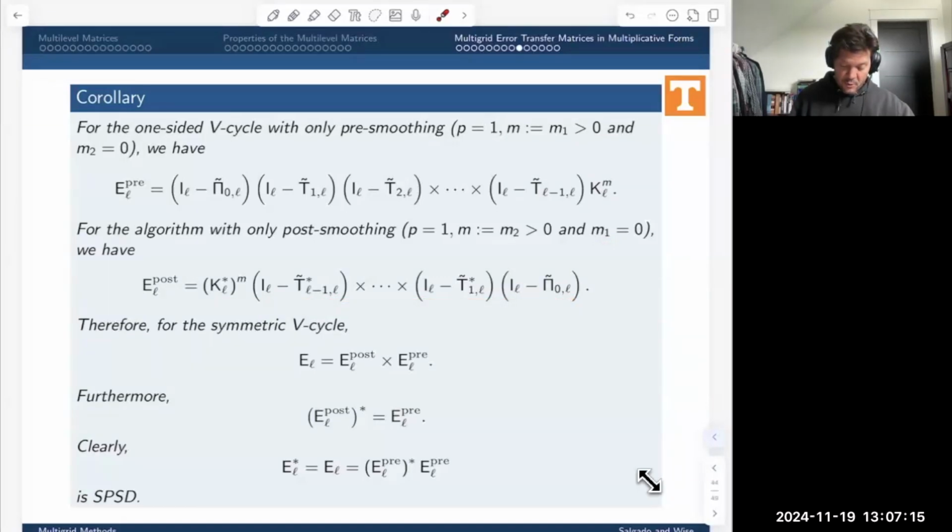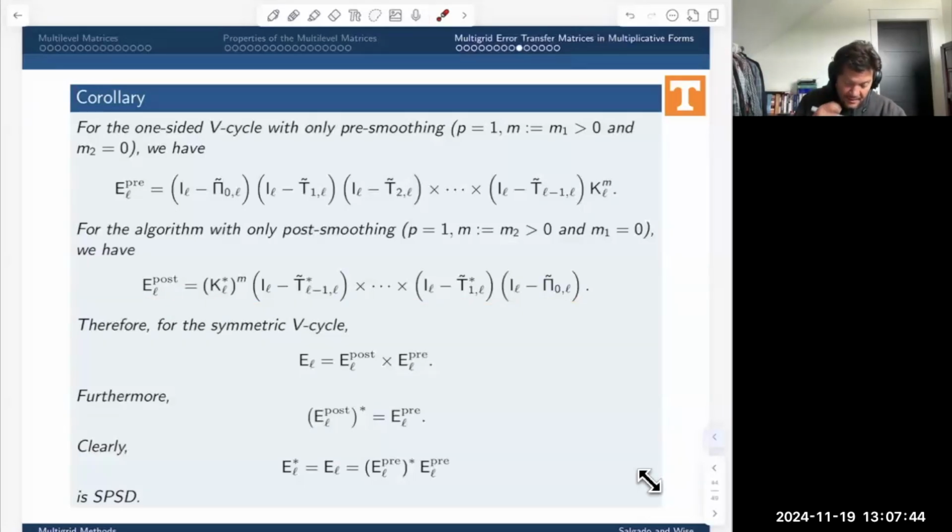Of course, all the stars are on the left-hand side, the unstars are on the right-hand side. Now, the things that would have appeared on the right-hand side, those M values are all 0, and so I just get a bunch of identity matrices which multiply each other. That's why the error transfer matrix for the one-sided post-smoothing algorithm looks exactly like that.